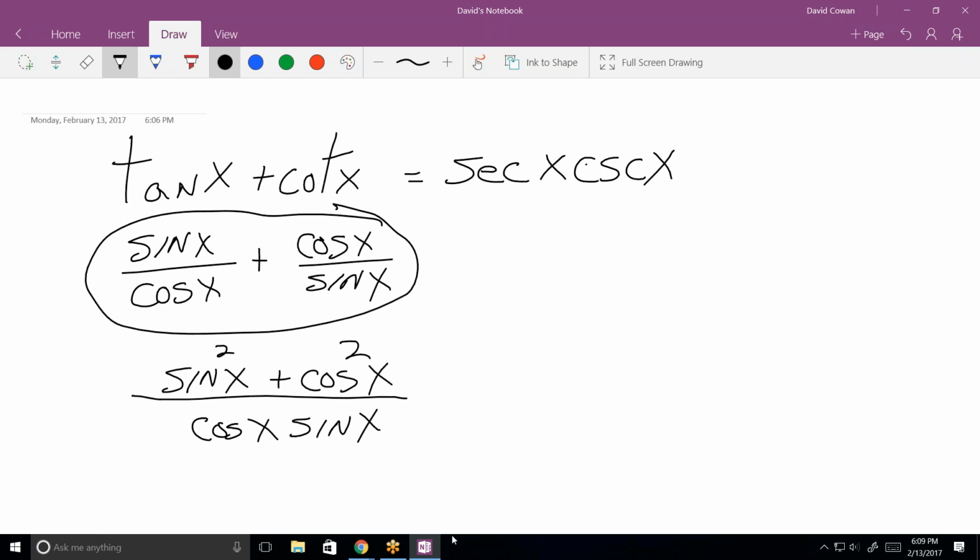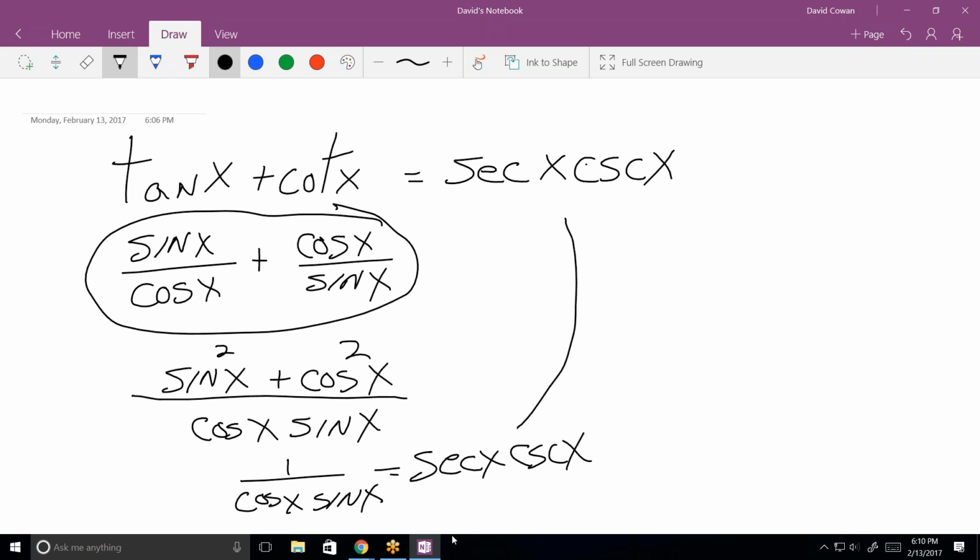What's sine squared plus cosine squared? It's 1. So now we have 1 over cosine x sine x, and that's the same as secant x times cosecant x. In other words, 1 over cosine x times 1 over sine x is the same as secant x times cosecant x. And now we've proven that the left side matches the right side.